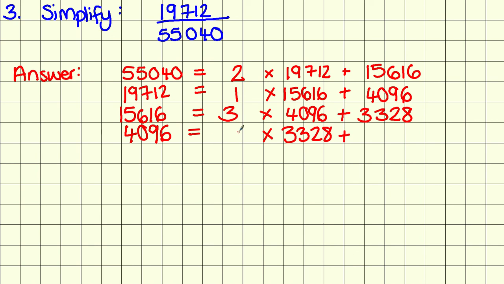Okay. So obviously it goes in once just by looking at it. The remainder is 768. This number is what we start with. Okay, so it goes in 4 times.